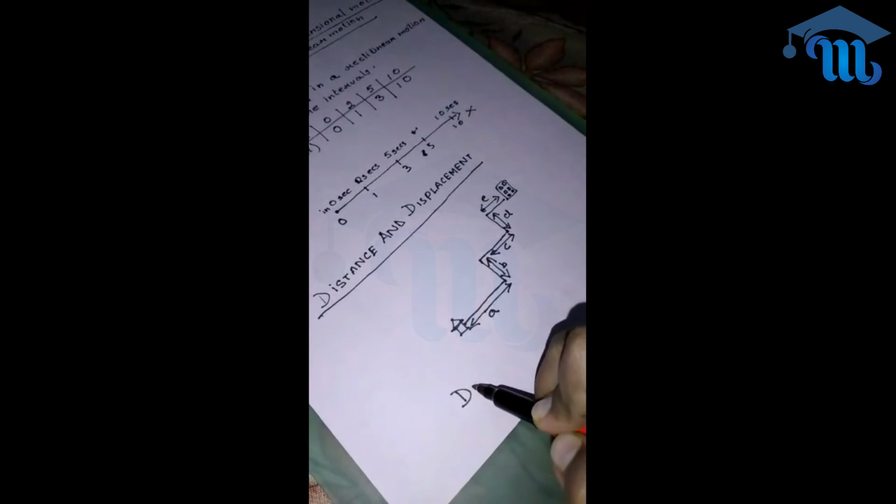Suppose this is A, this is B, this is C, this is D, this is E. So distance is equal to A plus B plus C plus D plus E. But now what is displacement? Displacement is the shortest distance from the initial position to the final position.